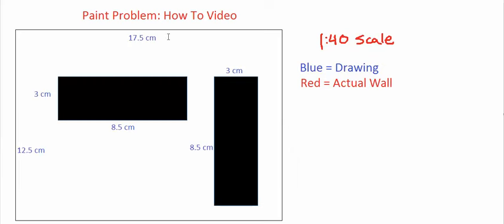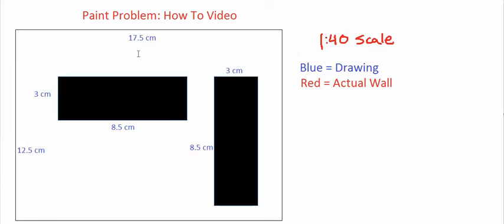Now that I've got all my measurements put down on my drawing, the next step is to multiply all of these measurements on the drawing by 40 in order to get the distance on the actual wall. On the paper that you have assigned from class for the paint problem, you should see the warning that if you were to find the area of this entire drawing first and then scale it up to the appropriate size for the wall, you can't simply multiply your area by 40.